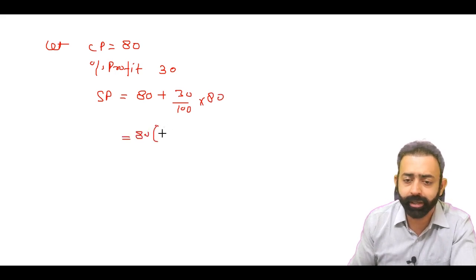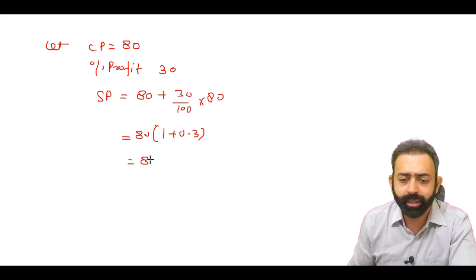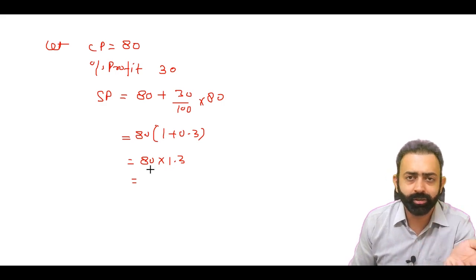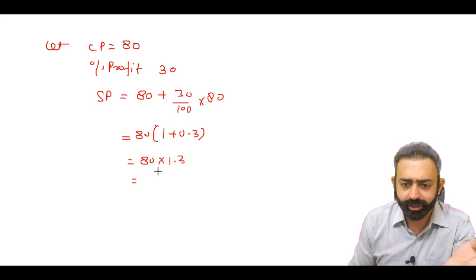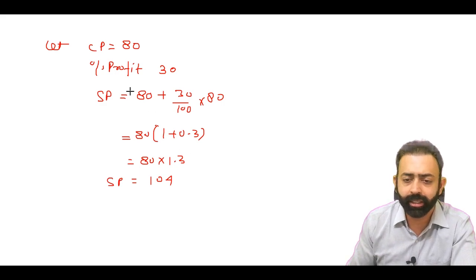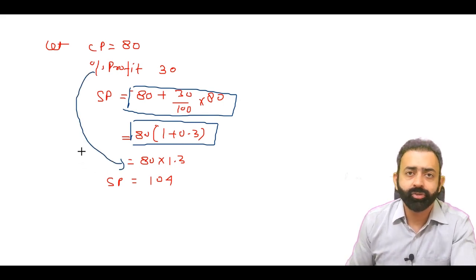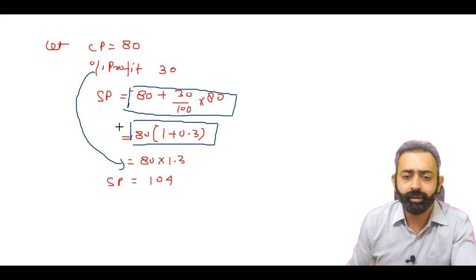Again you get in the bracket 1 plus 0.3. This 0.3 is for 30%, and when we add this 0.3 to 1, we get 80 into 1.3. Just multiply 1.3 with 80, or 13 by 8, which I think is 104. So this is your selling price. No need to find 80 plus 30% of 80, you can skip these steps and directly write this by using the concept of multiplier.